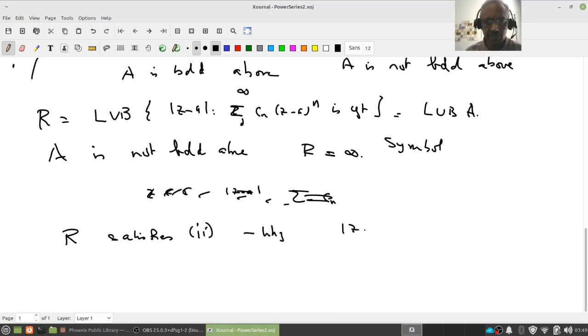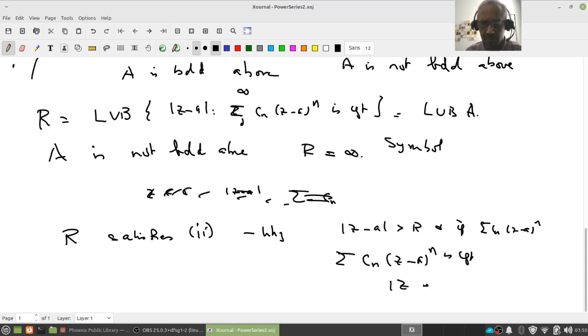Because if mod z minus a is greater than R and if summation Cn z minus a to the power n is convergent, then mod z minus a belongs to A, right?